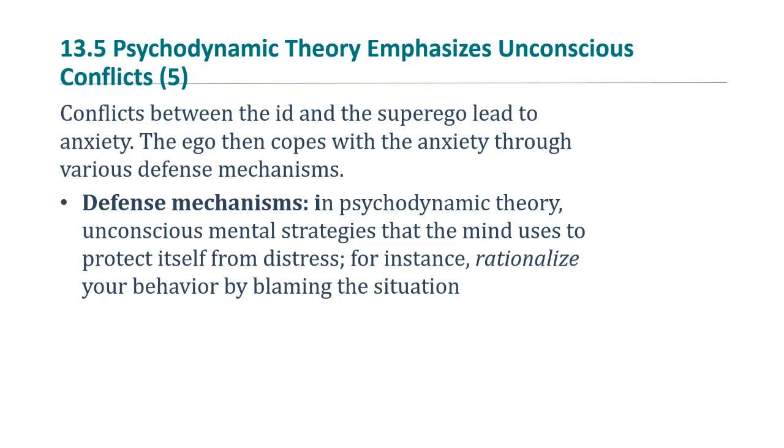Like, you can feel it from within that you want to go to this party and socialize and maybe get to talk to that person you're attracted to. So you can feel that urge coming from within you. That's the id. The superego is telling you, you better study for tomorrow's test.